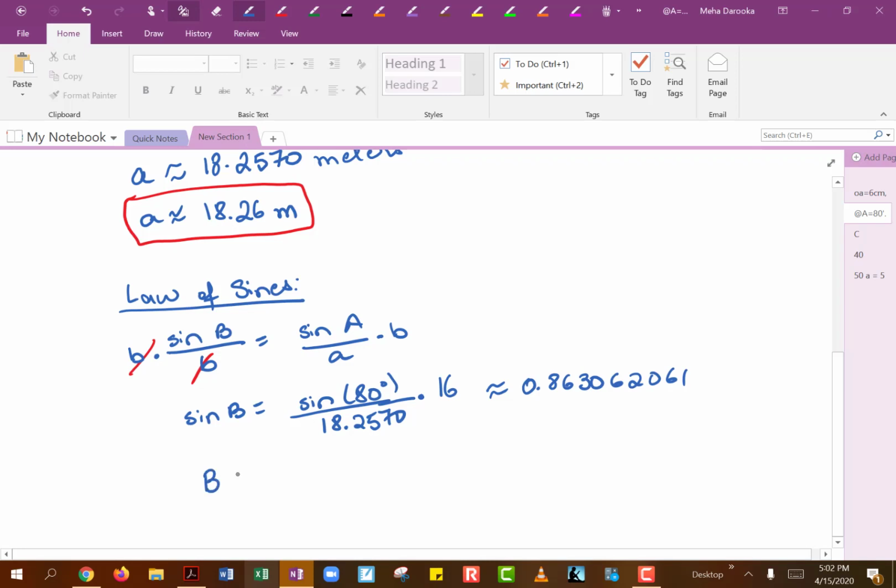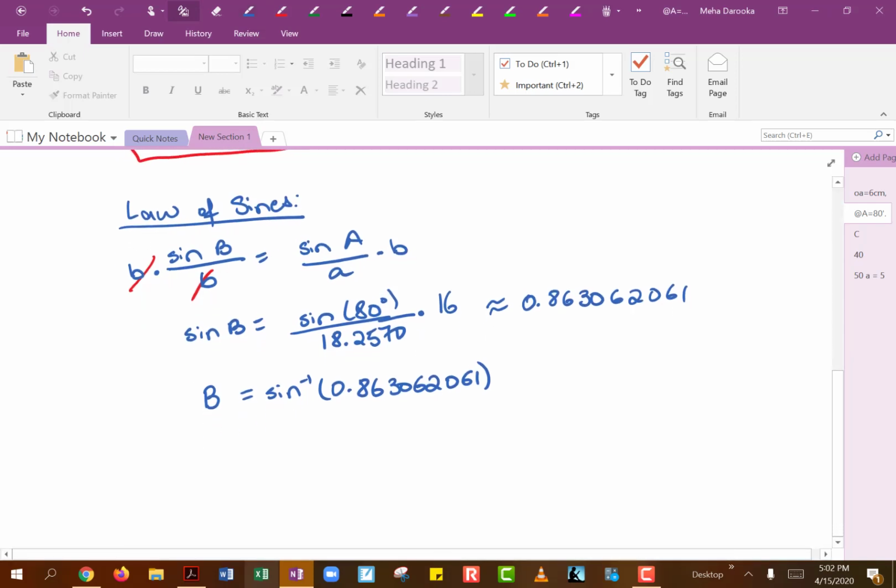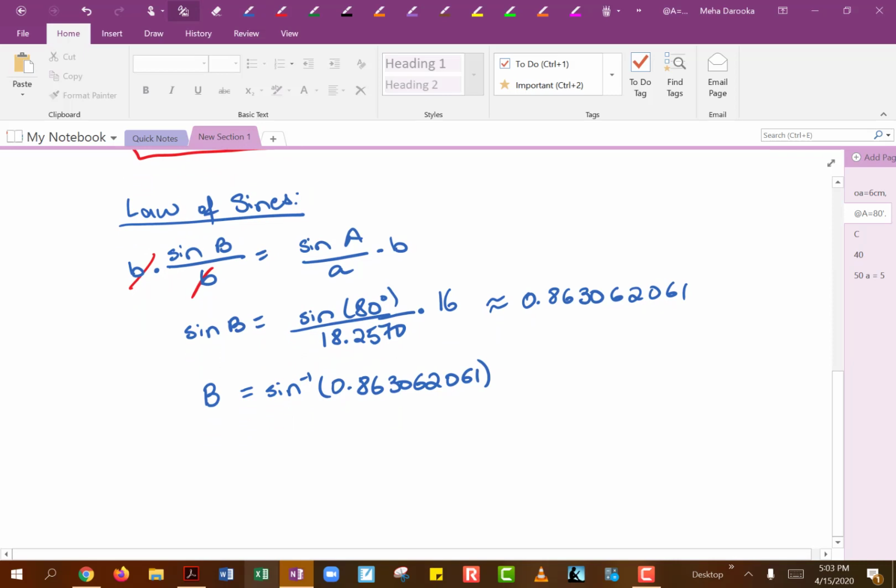So B is going to equal sine inverse of this decimal number, 0.8630626061. Now technically, since your sine of B function is a positive number less than 1, that actually means that we can have 2 different answers that you can get from the sine inverse.